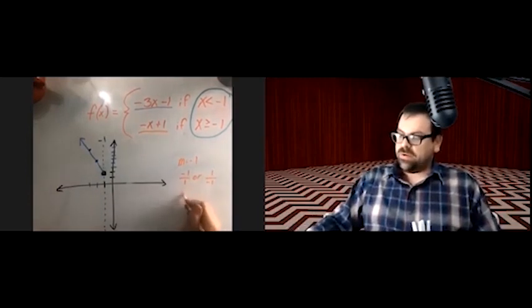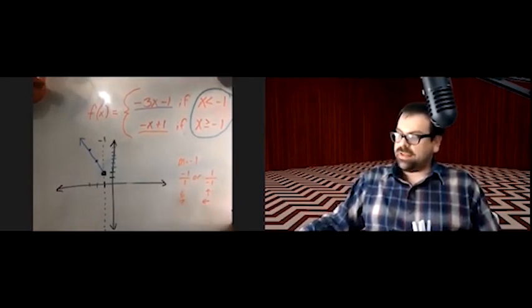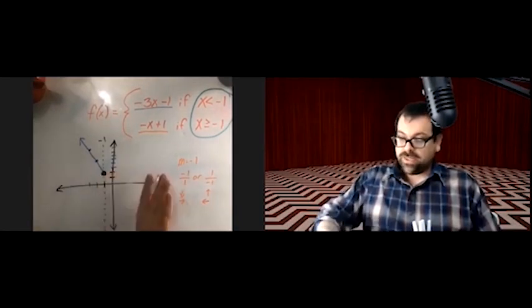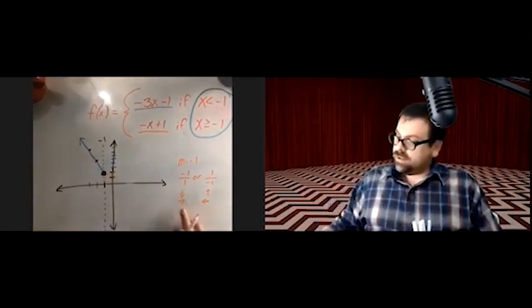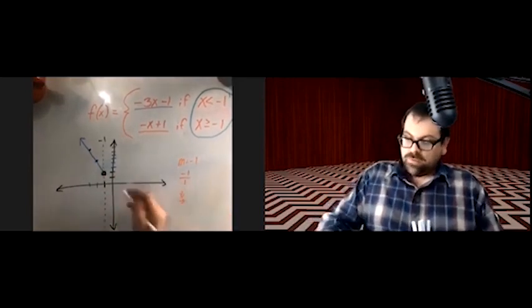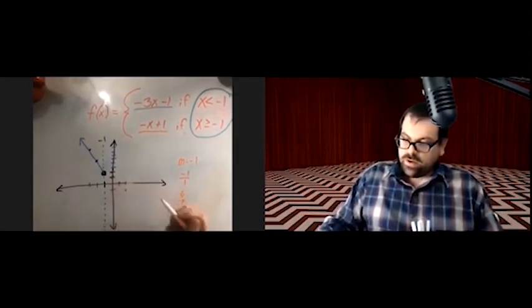So it's either down and right, or it is up and left. Since we want to go to the right, we have the down and right one. Down 1, right 1. Down 1, right 1.